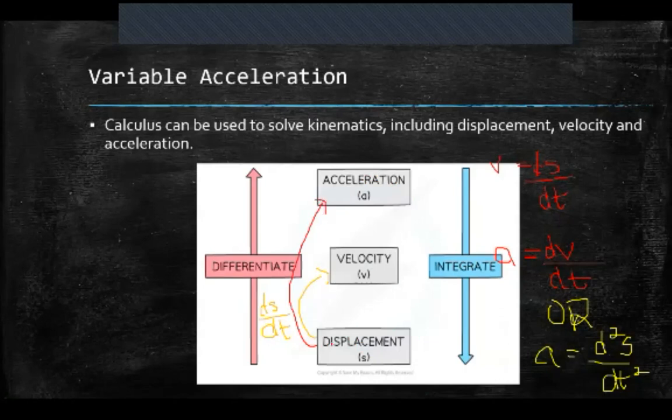The only thing is, if displacement to velocity is ds on dt, the first derivative, then displacement to acceleration is ds on dt, and then another derivative. So it's d2s on dt squared. Do you understand that?